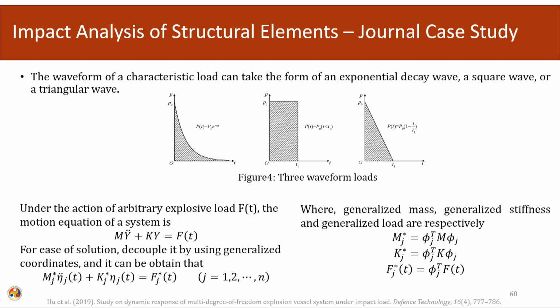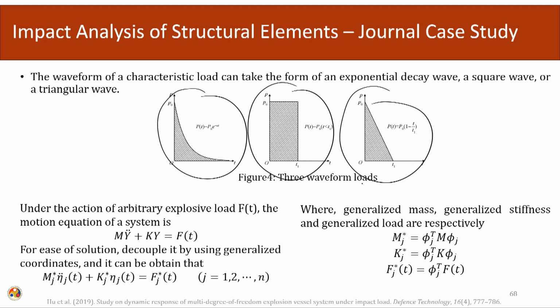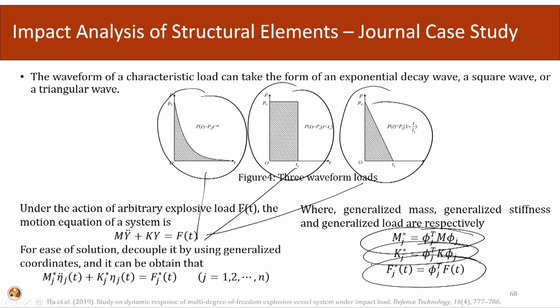Depending upon the different impact events, we can model them using different approximations, and we can use these approximations as a forcing function. We can write down our generalized mass, stiffness and forcing function. These are going to uncouple our system.